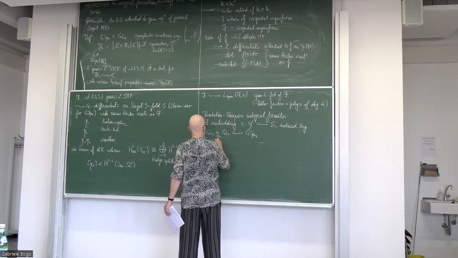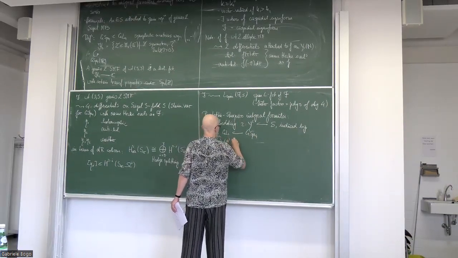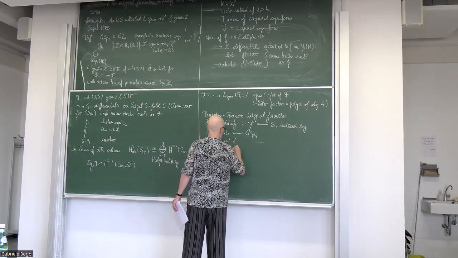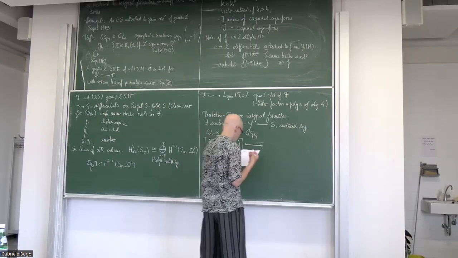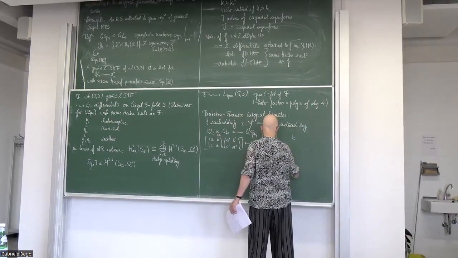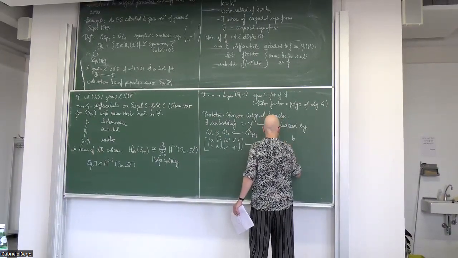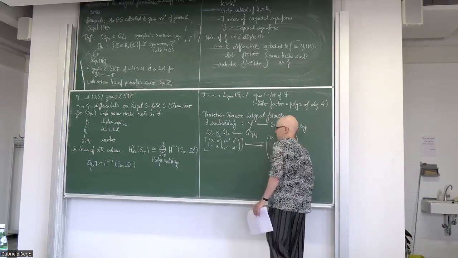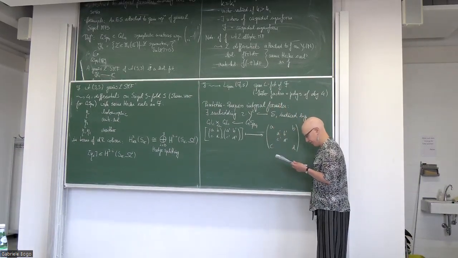So if I have two matrices, (A, B, C, D) and (A', B', C', D'), then this maps to the 4x4 matrix with entries A, B, C, D, A', B', C', D' suitably arranged. Okay, so you can check that you really get a symplectic matrix here.